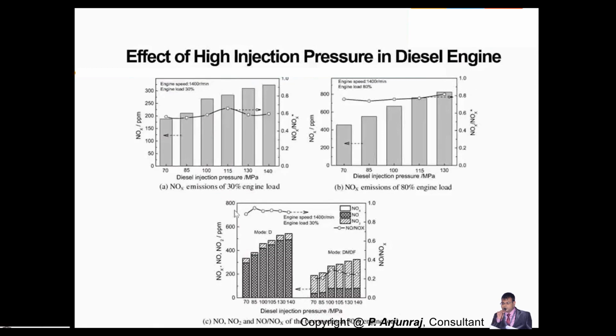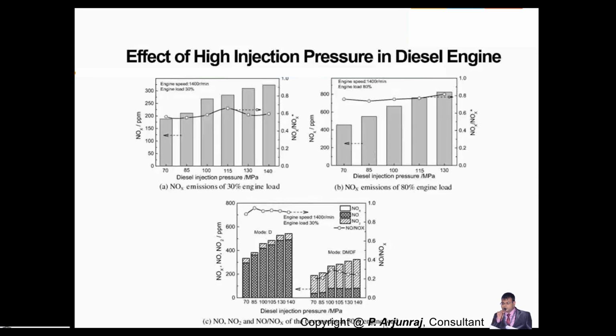This is with the 30% load. This is with respect to 80% load. Okay, see, when you're taking the 80% load, you can see there is a drastic increase. But you see there is some decrease when the load is lesser. And again, the mode is also going to be different. What mode you are going to run the test in will also influence the nitrogen oxide emission.